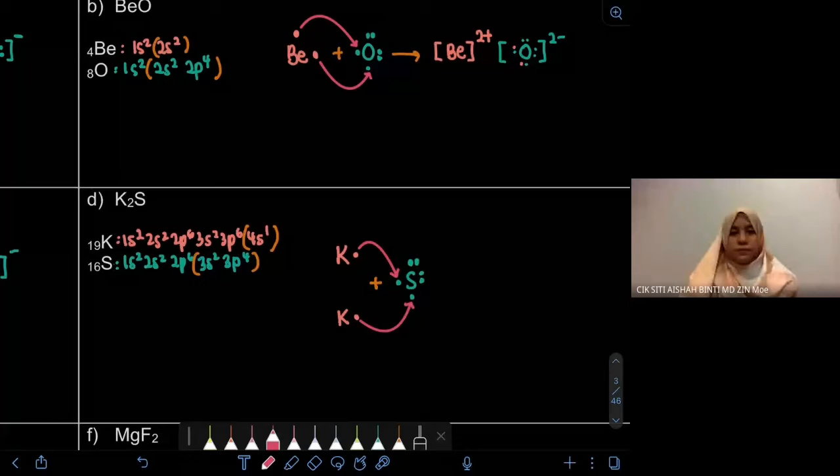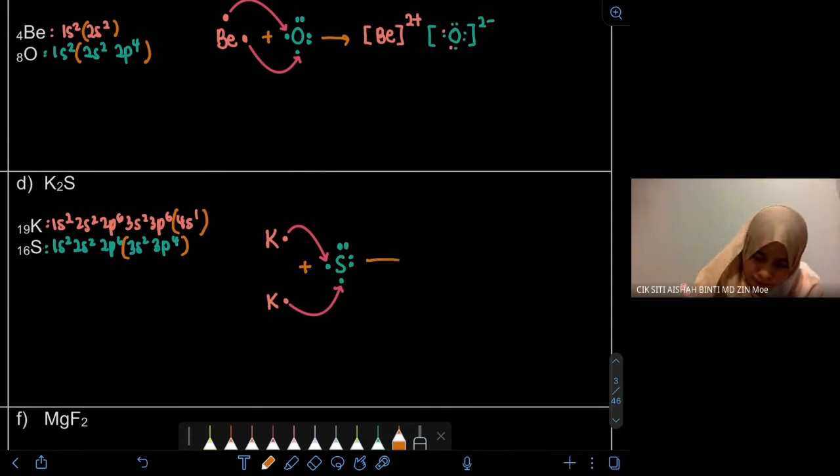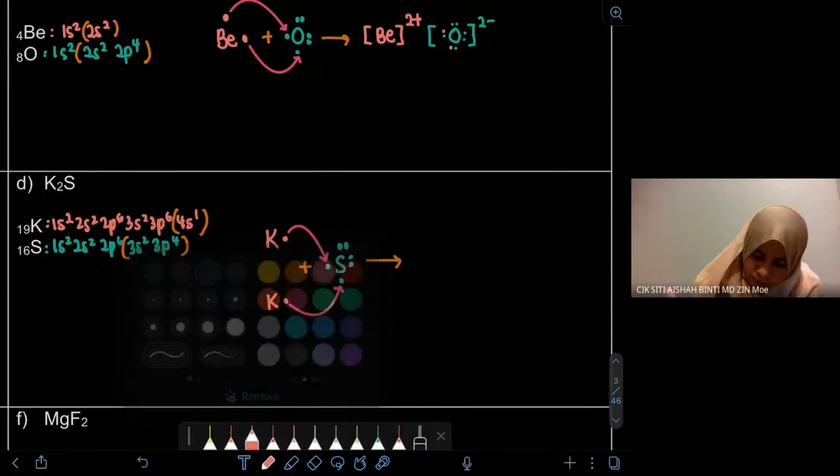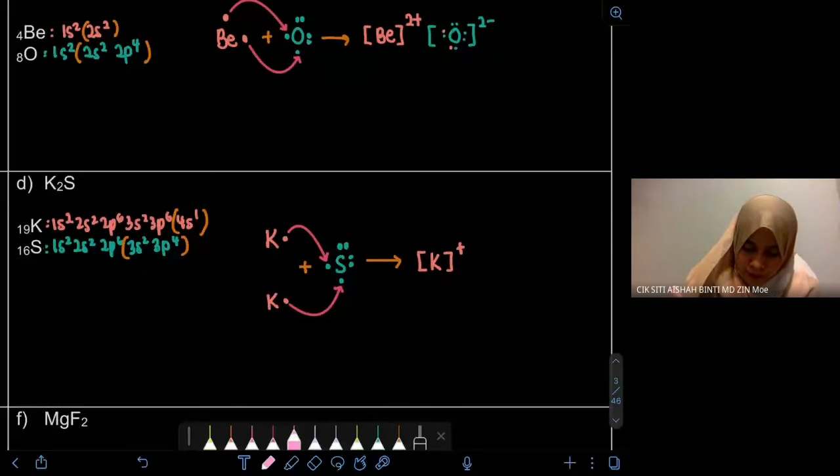Okay. So what happened to the product? So the product will become, for our K ni, jadi K plus, because actually our potassium donates only one. But there are two of our potassium, so tulislah potassium tu di hadapan here.